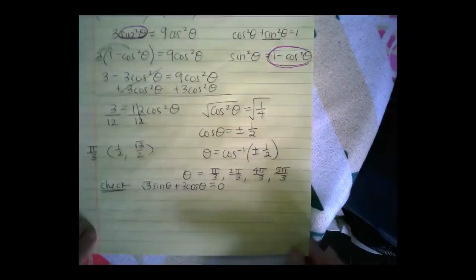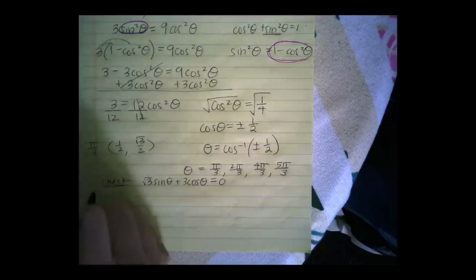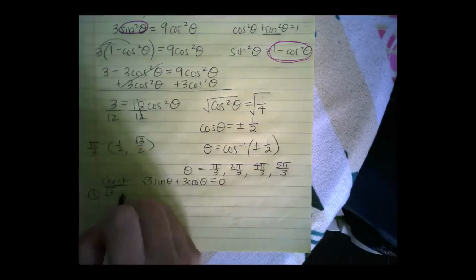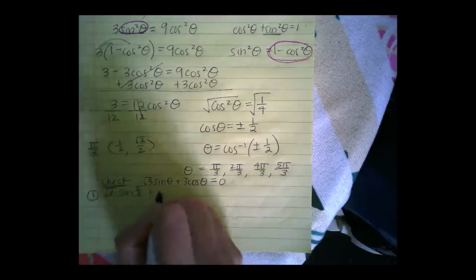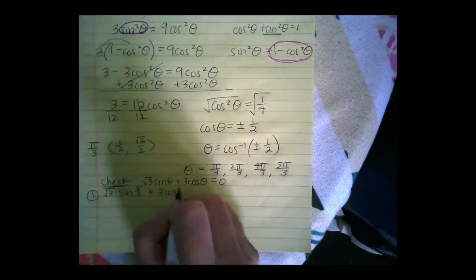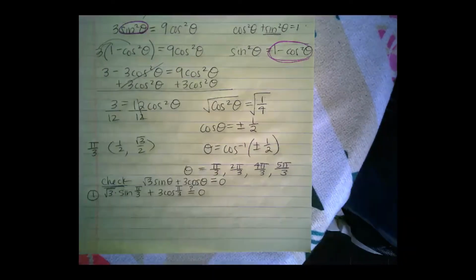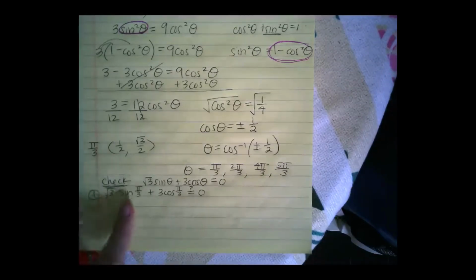And we're going to check 4 angles. 1, 2, 3, 4. First check. Is the square root of 3 times the sine of pi over 3 plus 3 times the cosine of pi over 3 equal to 0? That's why it's helpful that we write our little coordinate here, because now we can easily see what the sine of theta is going to be.